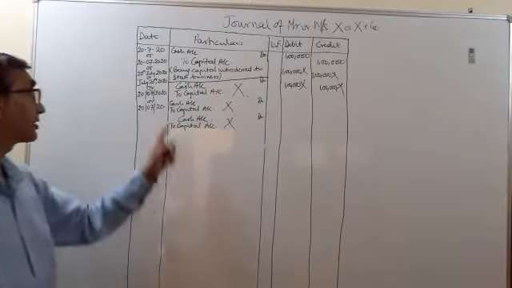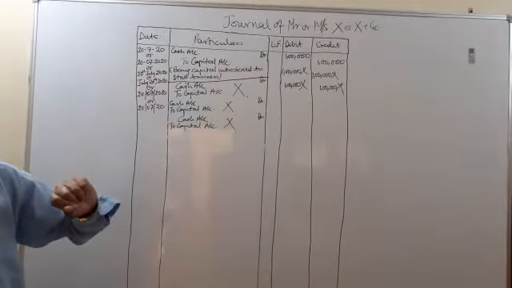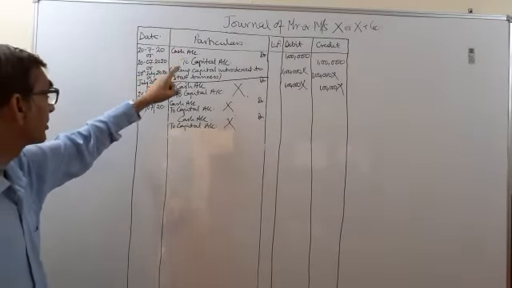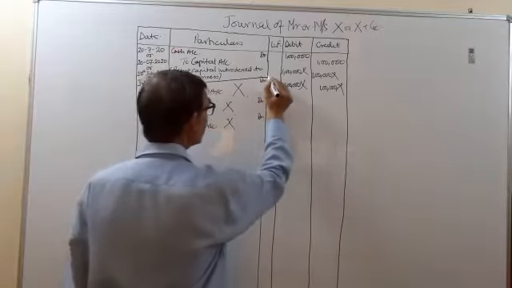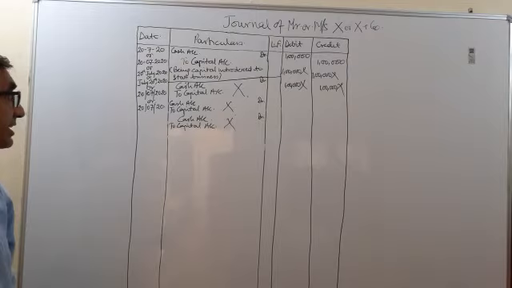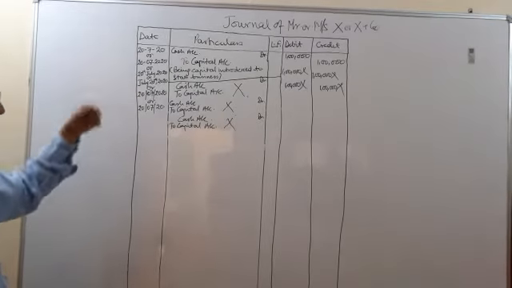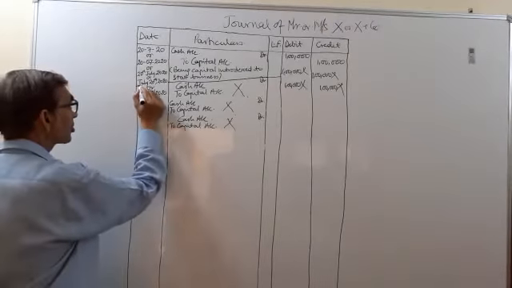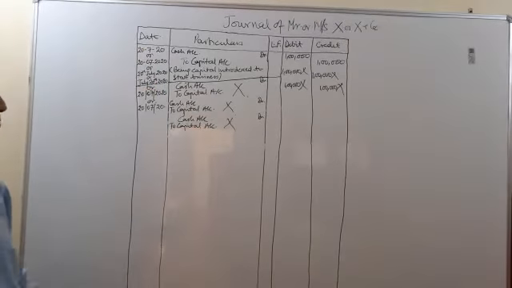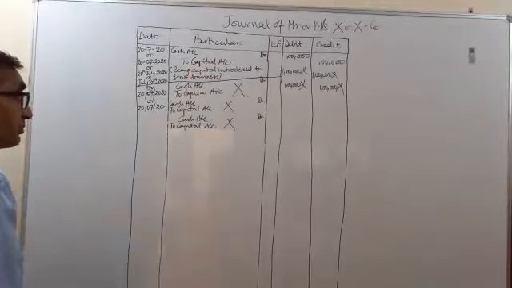If the dates are same, then the line will be drawn in the particular column till the end of the LF column. We write up to here and draw the line. But if the date changes, then the line will be drawn from the date column to the LF column.